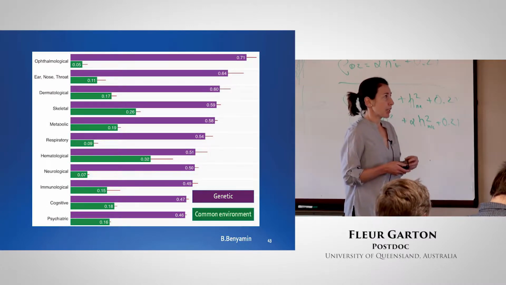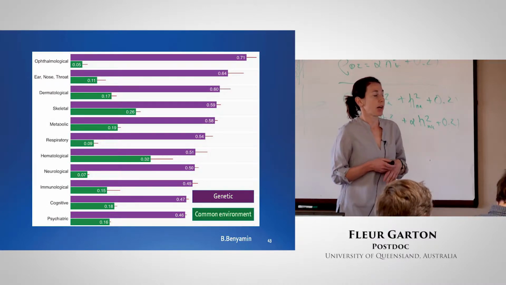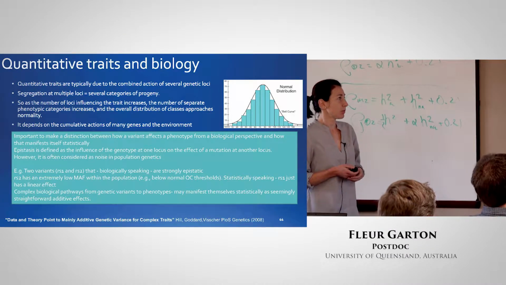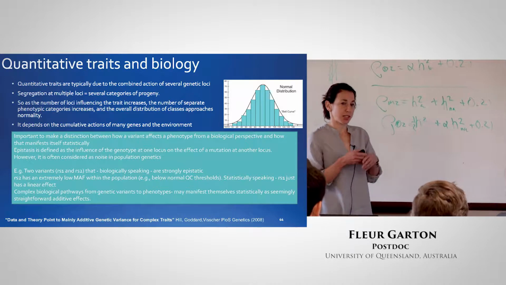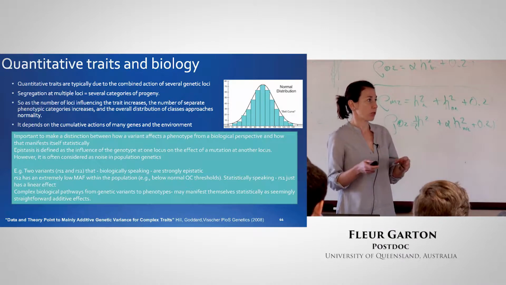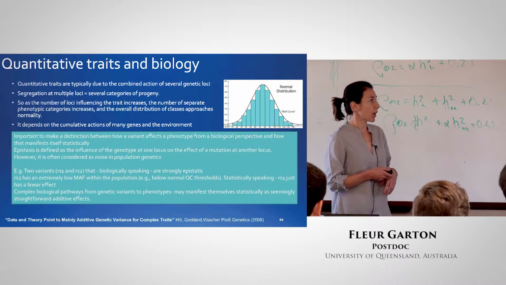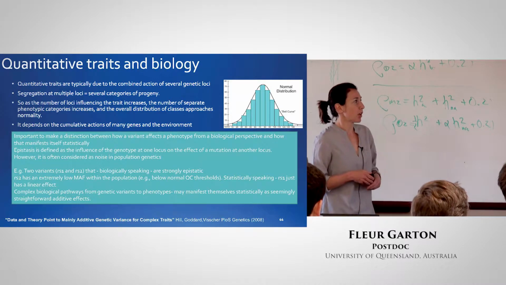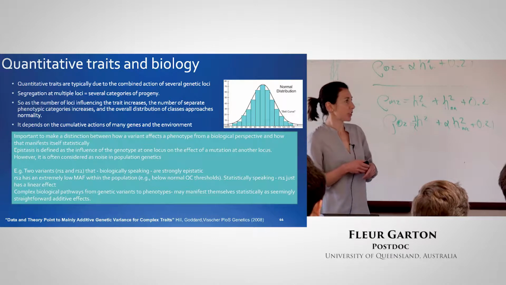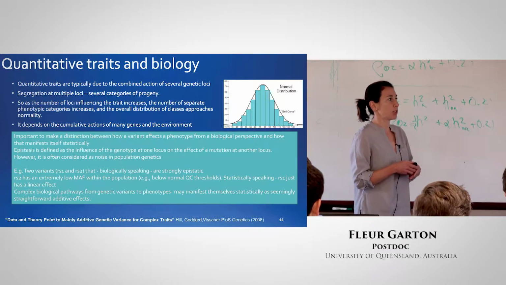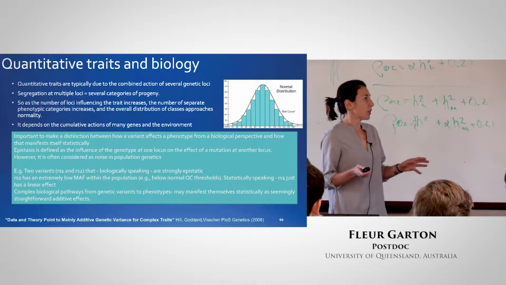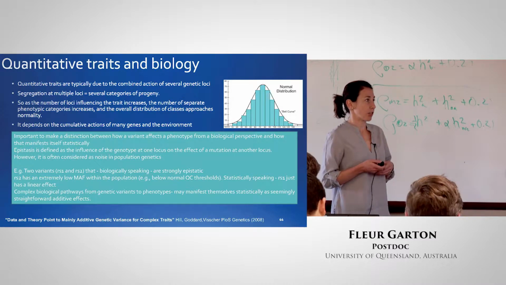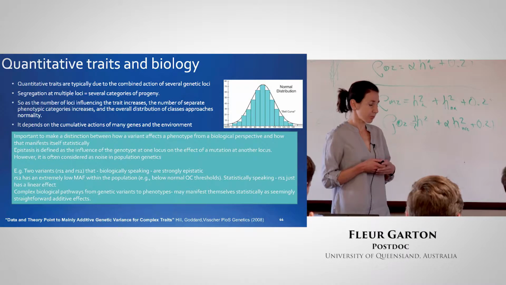Quantitative traits are typically due to the combined action of several genetic loci. Once you start to get this segregation, you'll get several categories of progeny. As the number of loci increases, the number of phenotypic categories increases, and the overall distribution approaches normal. This can depend on the cumulative actions of many genes and the environment.